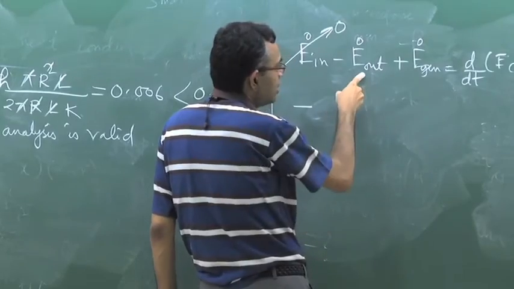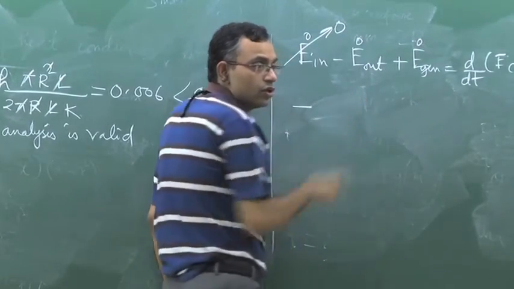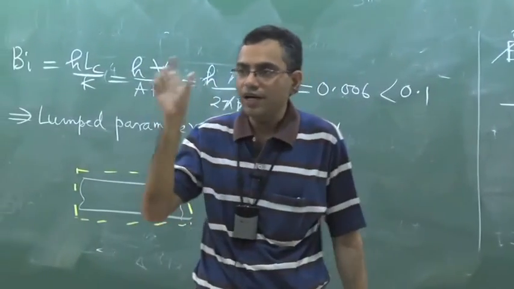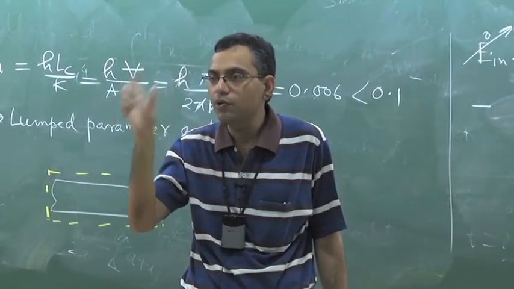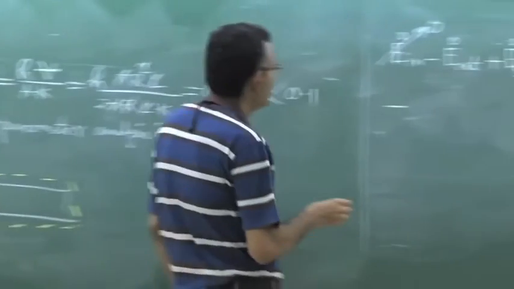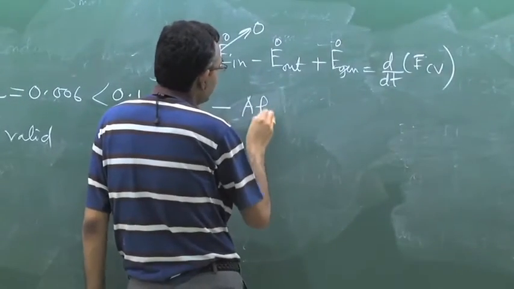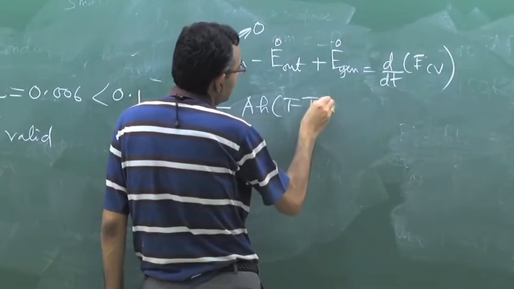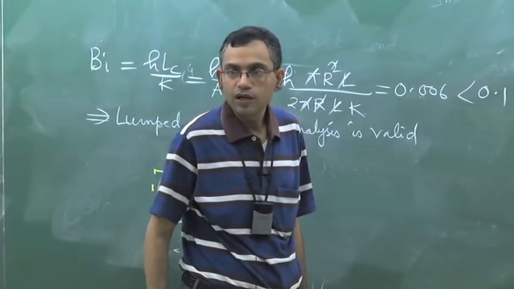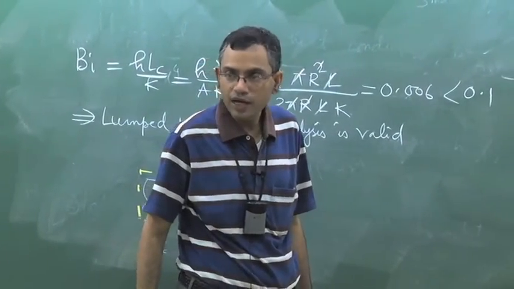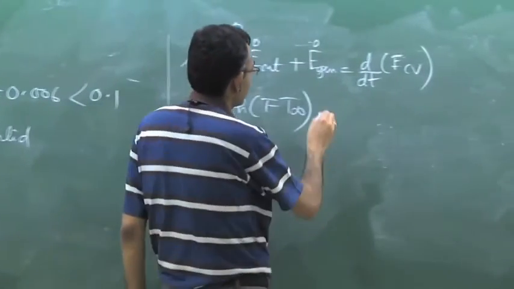What is the rate of energy out? There are two modes, convection and radiation. We assume that convection is the dominant mode as compared to radiation. So, minus A h into (T minus T infinity) plus what is the energy generation? I squared R.